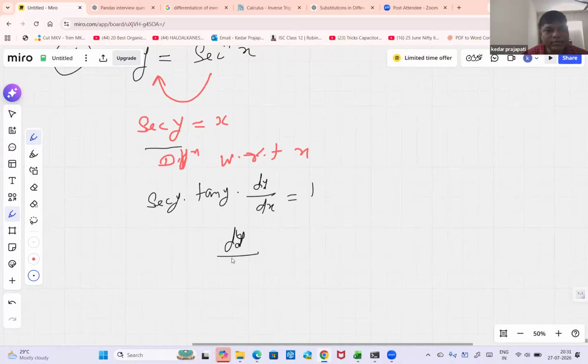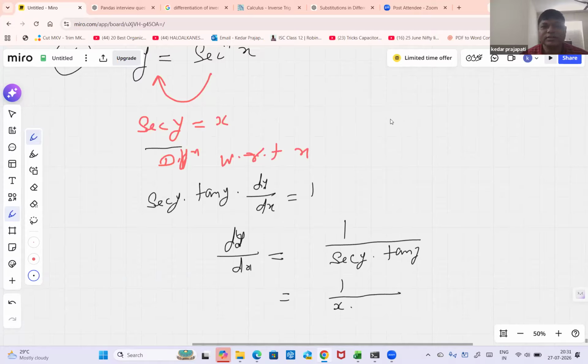So dy by dx is equal to 1 by secant y tan y. Now secant y I can write as x, so 1 by x times tan y.